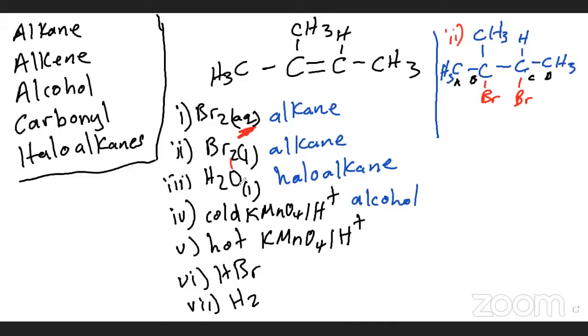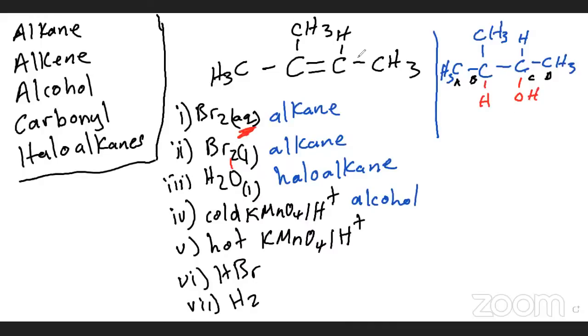Moving on to number 3. When it is water, what am I adding? Which two things? H and OH. Even though it's water, H goes to one carbon and OH to the next.